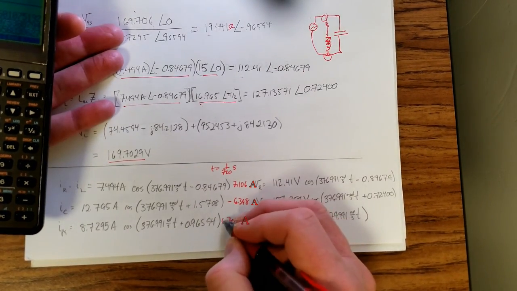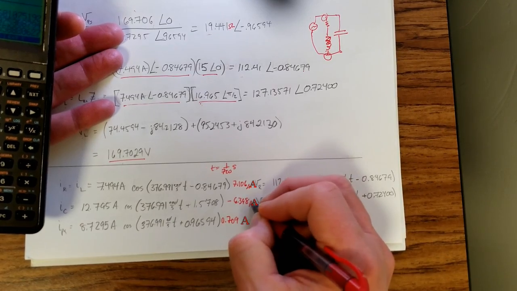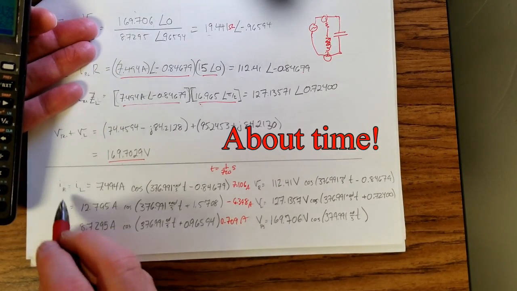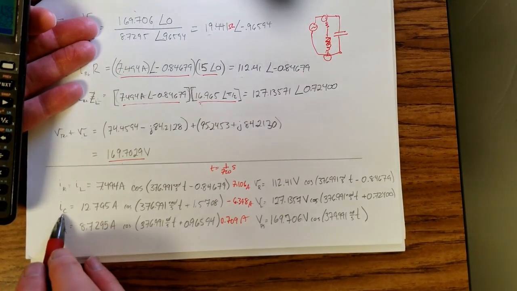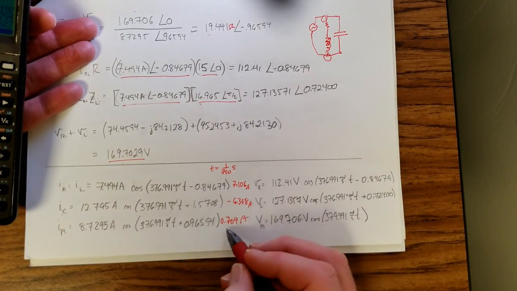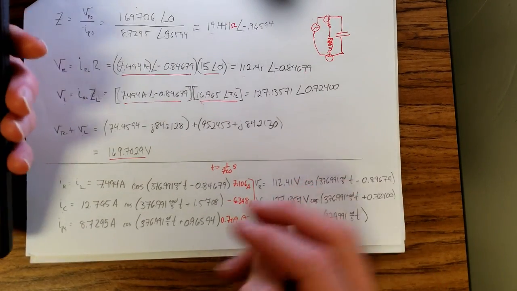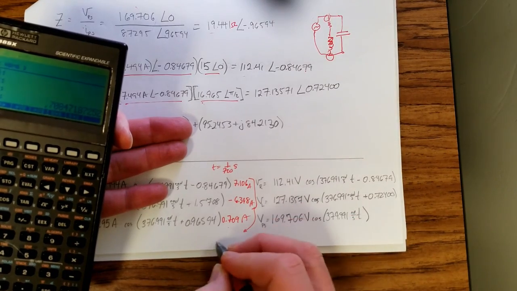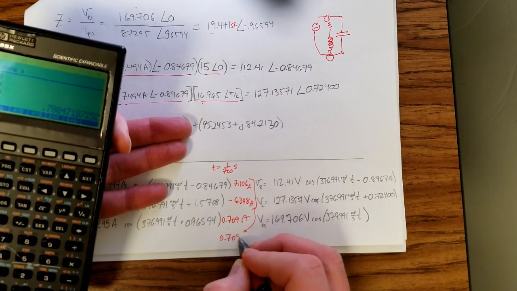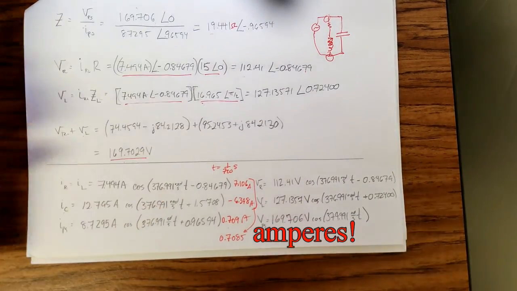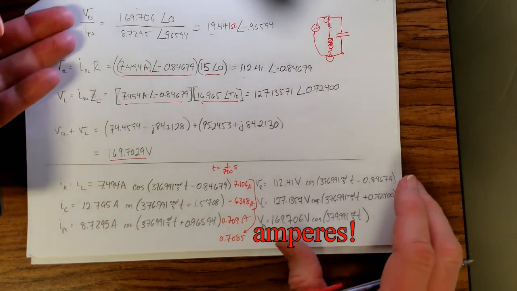And so we can do a quick check here. These are all in amperes, that the sum of the current going across R and L plus the sum of the current going across the capacitor should add up to this. So if I add these two together, I end up with 0.7085. It would round off to 708 if I took it that far.